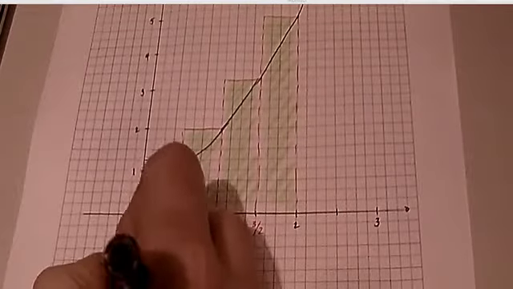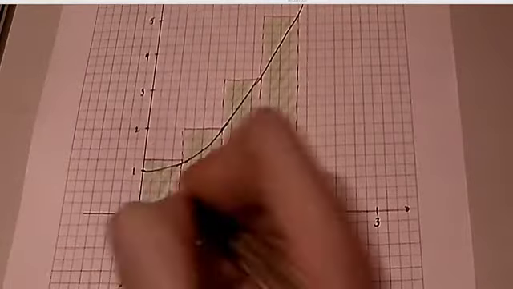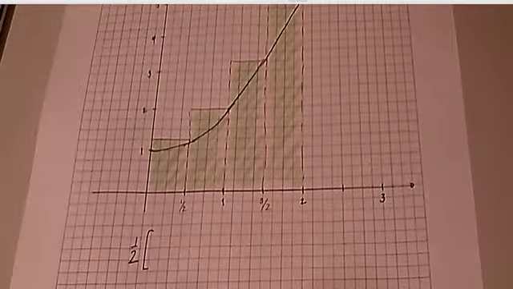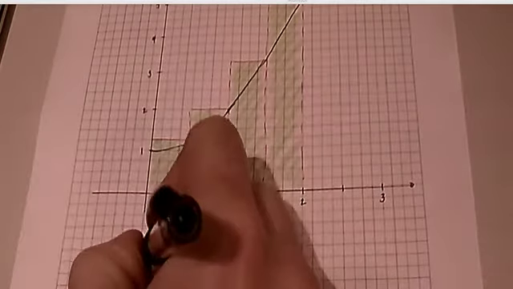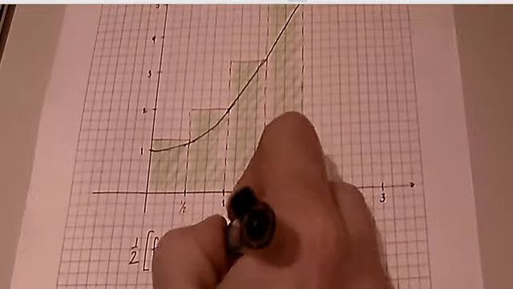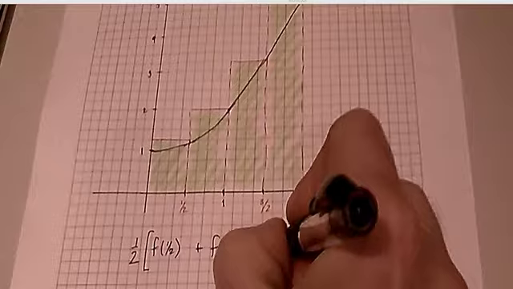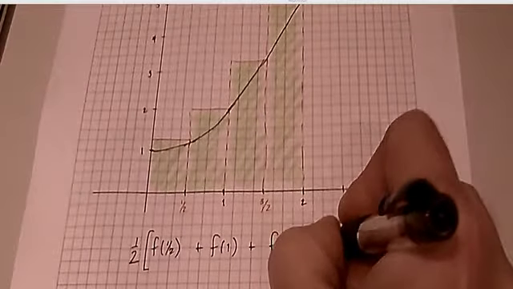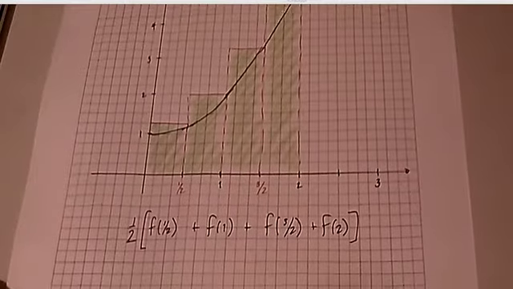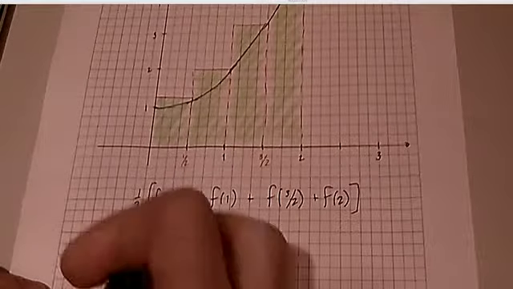So let's go ahead. We know, again, we're going to factor out the 1/2. Okay, and then instead of f of 0 being your first height, f of 1/2 is going to be your first height. And then f of 1, and then f of 3/2, and then f of 2. Okay, now let's go ahead and get values for those.